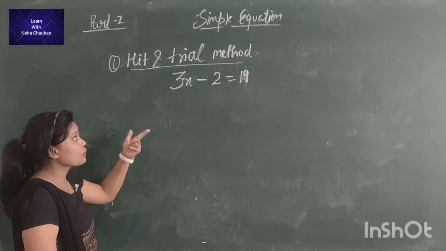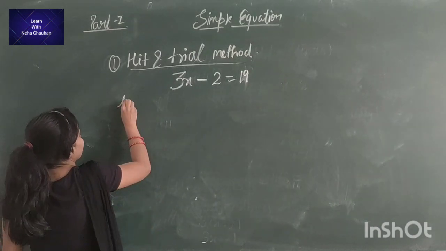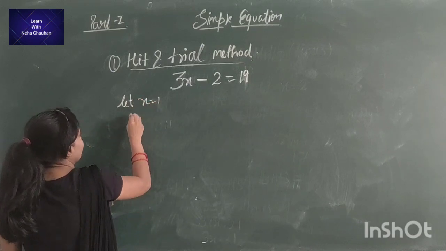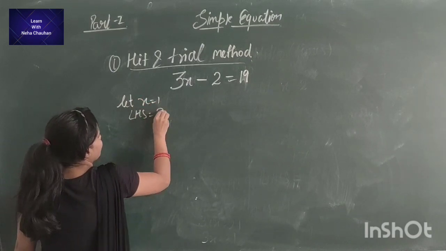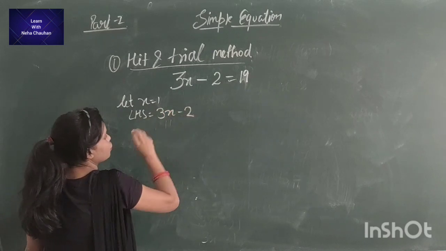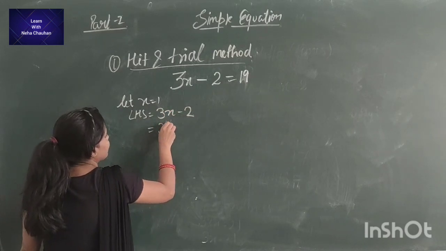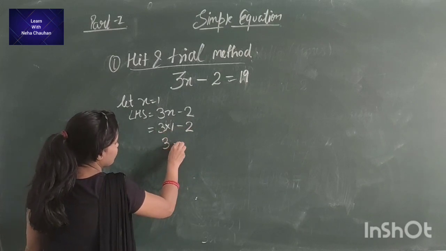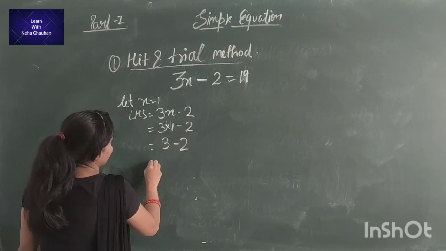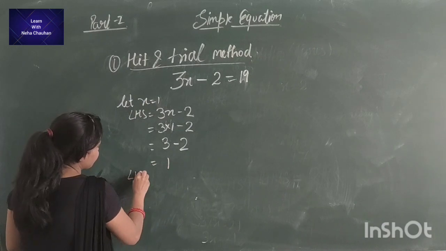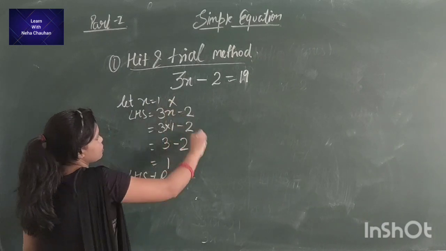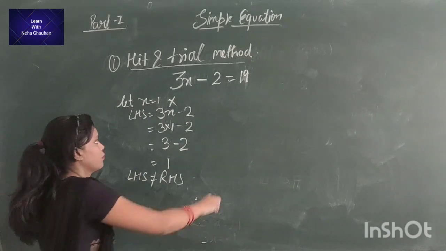We need to solve it with the hit and trial method. I will again assume let x is equal to 1. LHS 3x minus 2. So 3 multiply 1 minus 2. 3 multiply 1 is 3 minus 2. So we will get 1. That means LHS is not equal to RHS. That means x is equal to 1 is a wrong value.